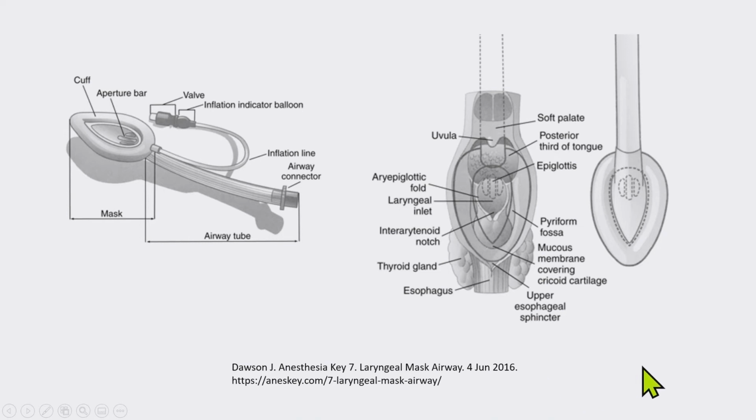When the airway is in good position, you can see that it just covers the laryngeal opening. This is the epiglottic fold, laryngeal inlet. The epiglottis is here, and the pyriform fossa is just covered by the laryngeal mask airway. When the airway is in good position and the cuff is inflated, it can provide a good seal in providing oxygen and ventilation.